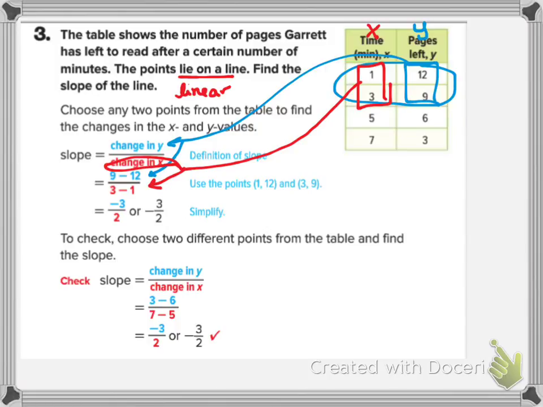You probably looked at this last year as a formula as y2, that's the second y number, minus y1, the first y number, over x2, the second x number, minus x1, the first x number. Now those little numbers, the 2 and the 1, are not exponents, they're subscripts. So they're just telling you like the first one, second one, first one.